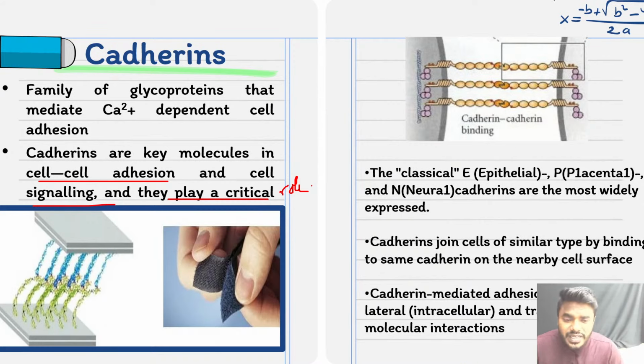All the students, please look into the picture very carefully. This is cell 1, this is cell 2, correct? This is the extracellular domain, this is the transmembrane domain, and this is the cytoplasmic domain. Observe the picture very clearly. The cytosolic domain is connected to the cytoskeletal element.